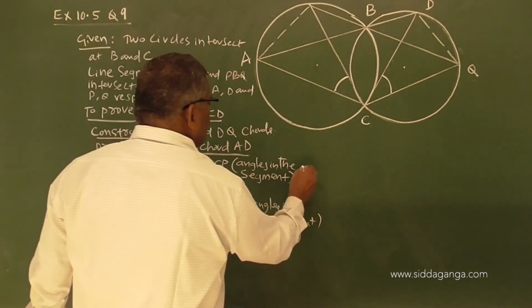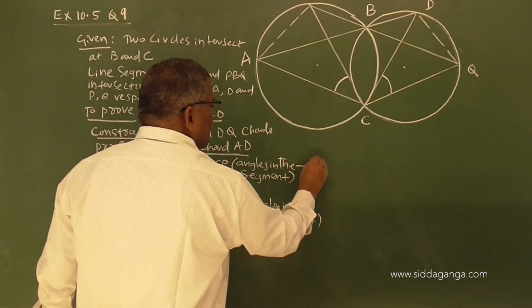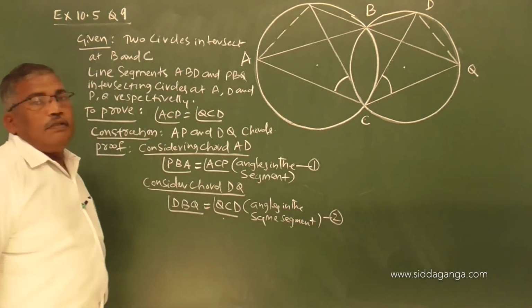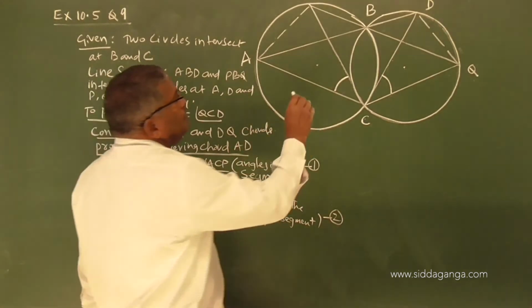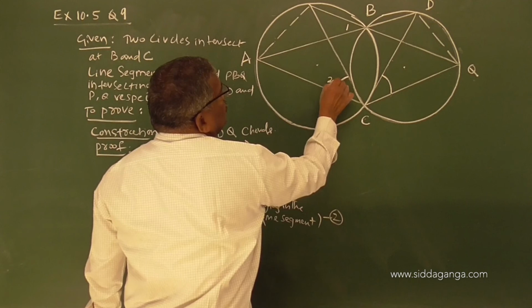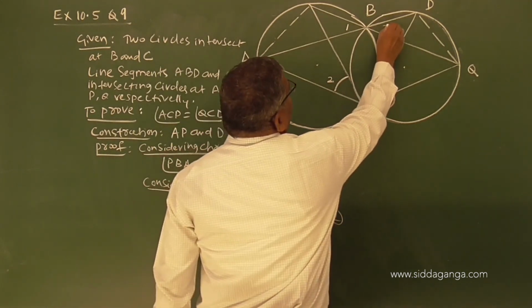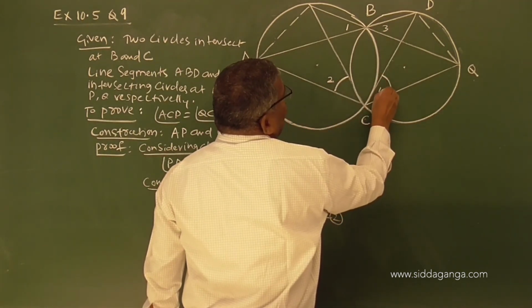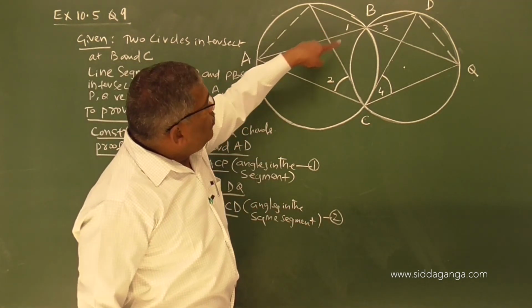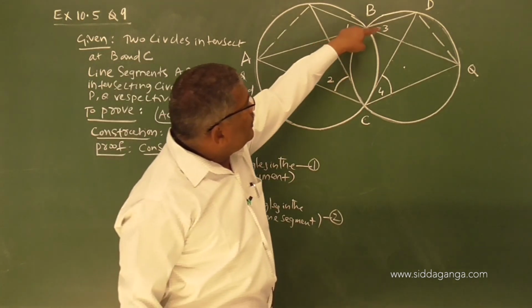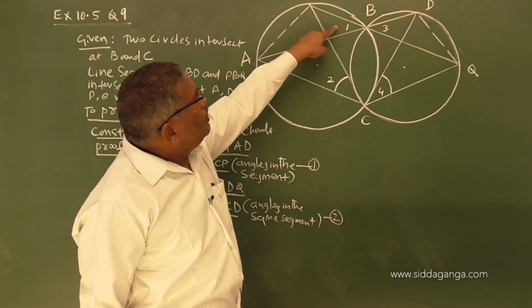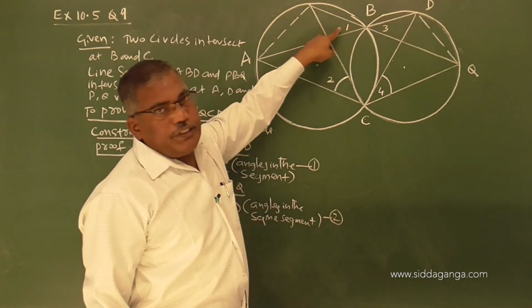Now, you can call this equation 1 and this equation 2. See what we have, in simple terms, if I call this 1 and this 2, and this angle 3 and this angle 4. So far we have shown that 1 is equal to 2 and 3 is equal to 4. Now you observe the figure, 1 and 3 are vertically opposite.